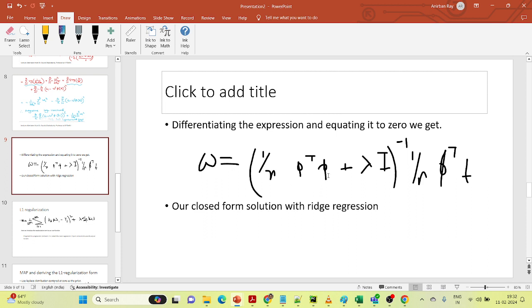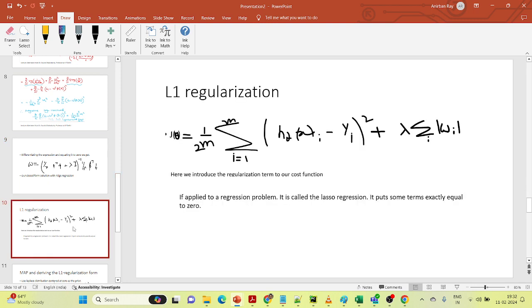Only previously the lambda I term was not there. So what happens is you get a better fit to the data, not an overfit, and that hypothesis will also predict well for new data, that is, it will generalize better.